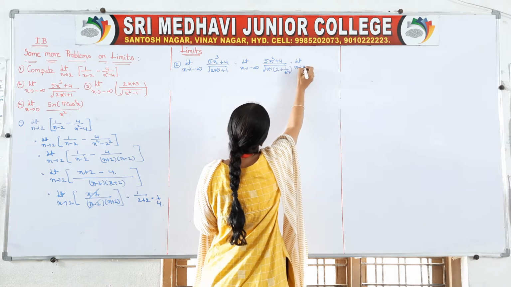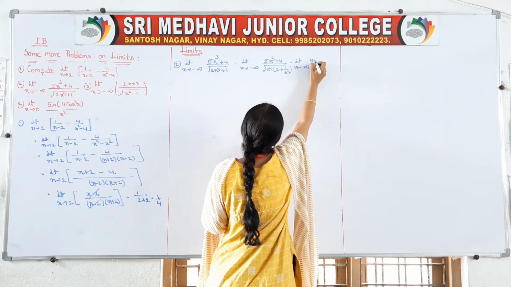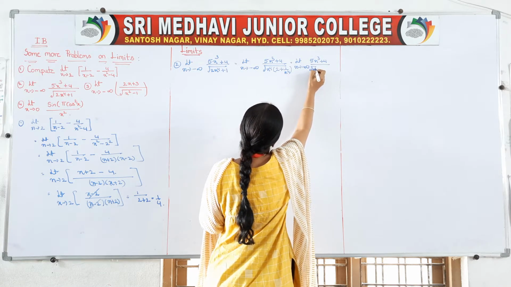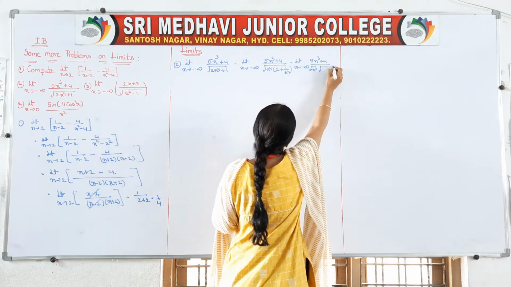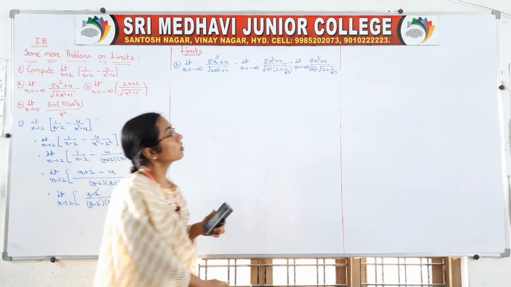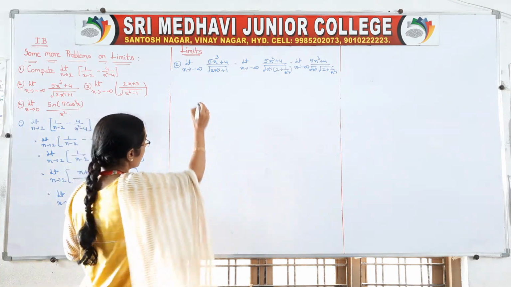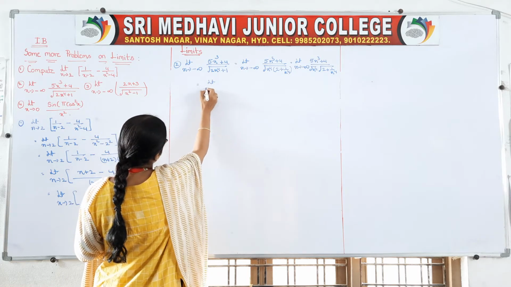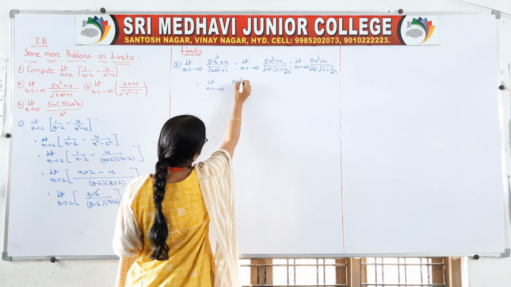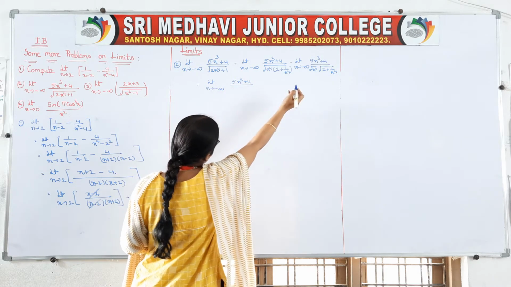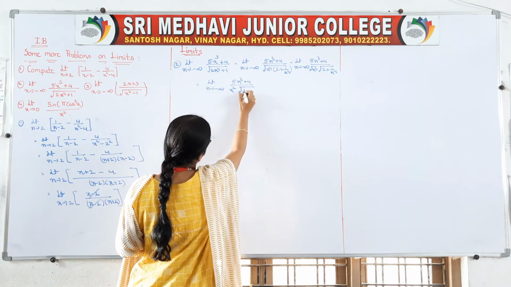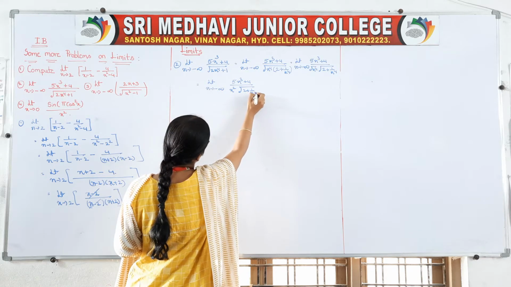Limit x tends to minus infinity of (5x cube plus 4) by root x to the power of 4 into root of (2 plus 1 by x to the power of 4). Okay, so then it is equal to limit x tends to minus infinity of (5x cube plus 4) by x square, because root of x to the power of 4 means x square, right, into root of (2 plus 1 by x to the power of 4).